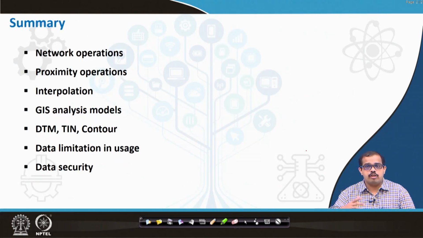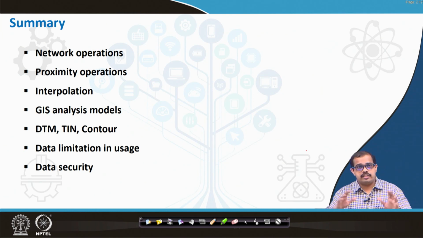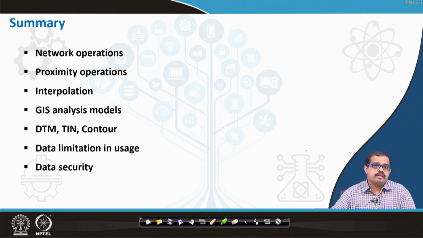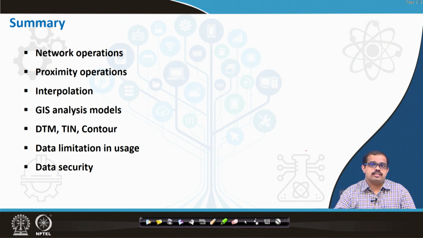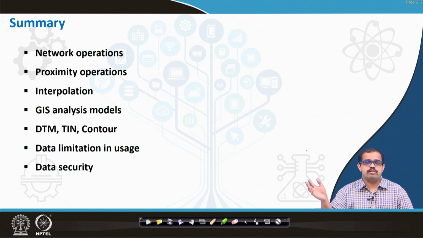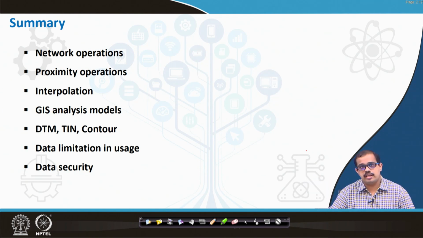We looked at network operations, we looked at proximity operations, and finally different types of interpolations. Then we looked at DTM, DSM. I have spoken about TIN and contour, but did not look at it much, though it also comes under the advanced data models. So, if someone is interested, please look at how the expert system works, how artificial intelligence can be clubbed with GIS for performing advanced analysis.